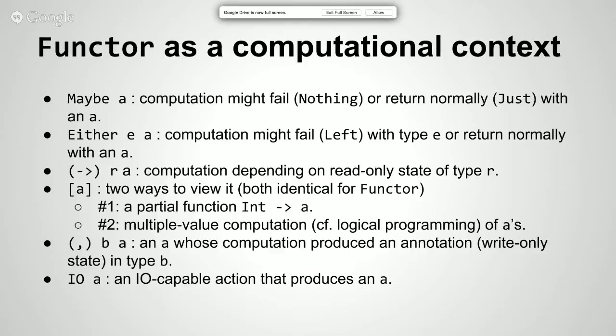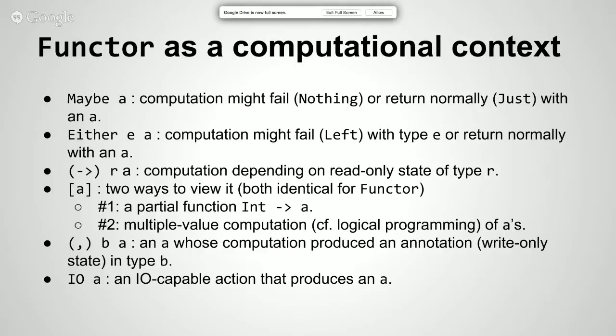List is interesting. There are two ways to view it, both of which are identical for functor. Now, when we get into something called applicative, they diverge a little bit. But the first way is it's a partial function on the ints, and in fact, it's a partial function that is total on 0 to n for some n. But we'll just see it as a partial function, some kind of index collection.